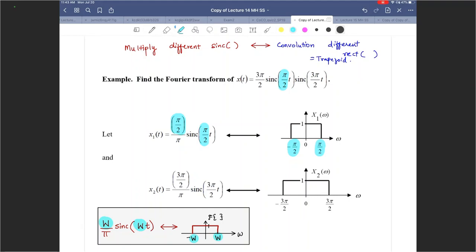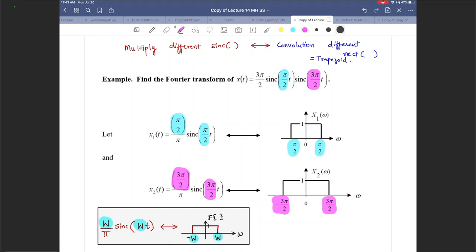The next signal is x2 of t, which I'm using the second sinc for. It is 3 pi divided by 2 there, which means I need to have this in the numerator as well, so that I can write its Fourier transform with those as the limits.